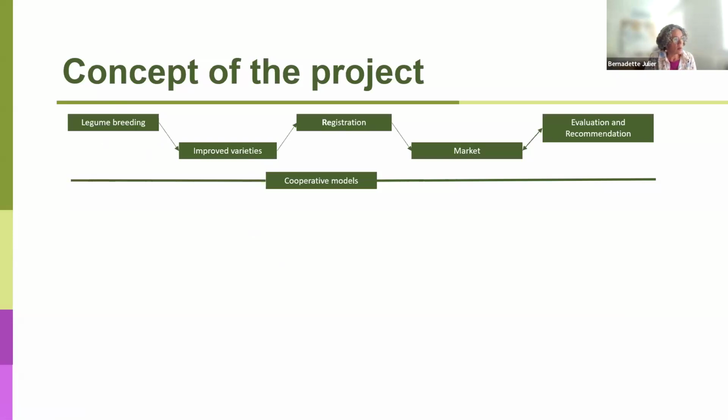If the varieties are registered, they go to the market, and there is exchange with evaluation and recommendation to market varieties. All of this is done within the framework of different types of cooperative models. So we are working within these different steps of activities around legume breeding.